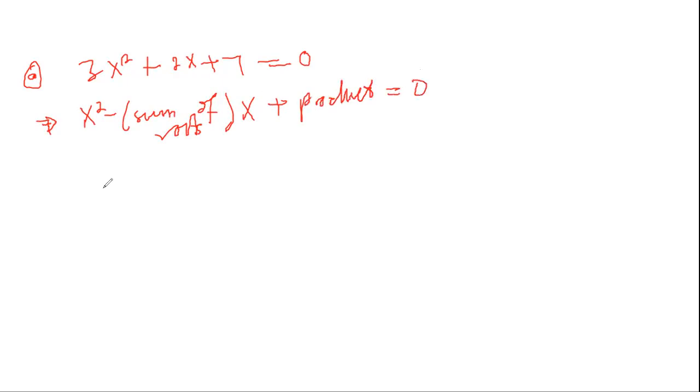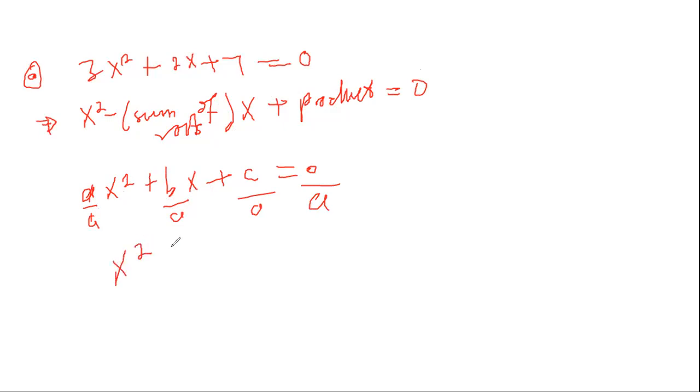We can also generalize this as ax squared plus bx plus c equaling 0. We can have it in a form where x has a coefficient of 1, which means we divide by a throughout. So the formula will now be x squared plus b over a x plus c over a is equal to 0.